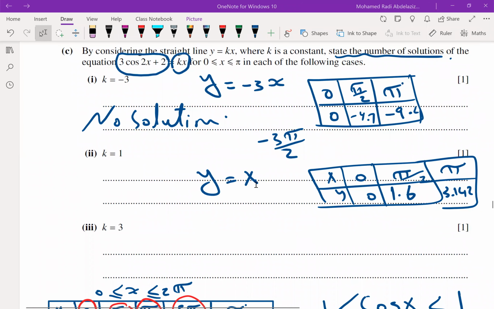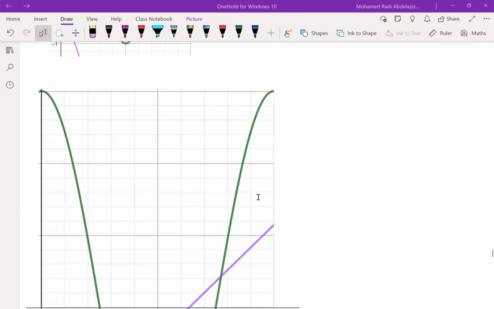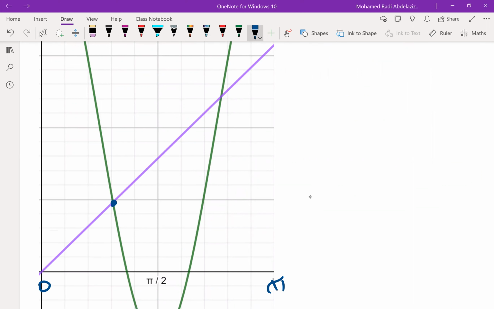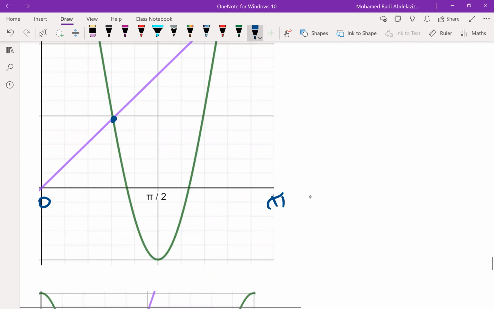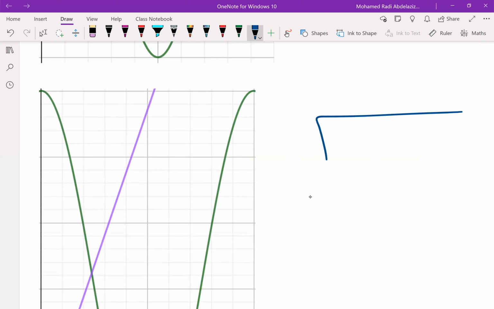Now, if we plot the points of the straight line, I will show how many intersections there will be. After drawing the line y is equal to x, I will show the relation between the line and the curve. I need just 2 points, 0, 0 and pi. Plot the points, and you will find the curve and the line cut at 2 points. So how many solutions for this case? There are 2 solutions. The third case, when k is equal to 3, by the same way, draw a line using x and y.